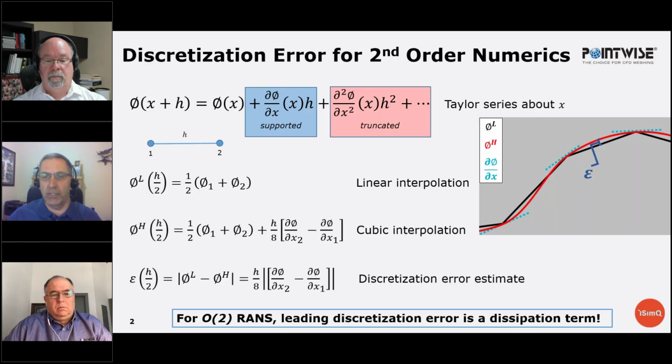Visually, what this represents, if you look over here on the right-hand side, is you have your notional continuous solution variable in red, or you could think of it as the interpolation in high order, and you have the actual assumed discrete solution provided by your solver in black, with the gradients provided by your solver in the cyan colors.